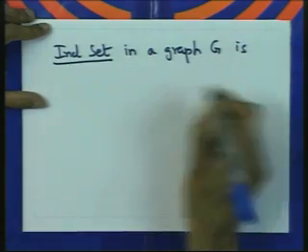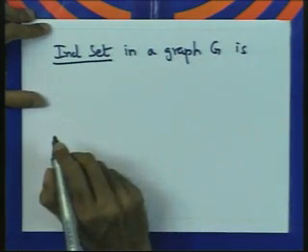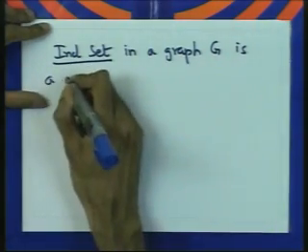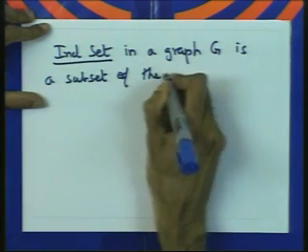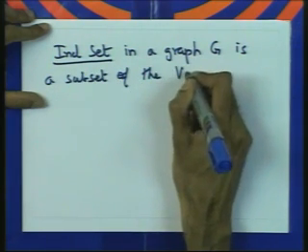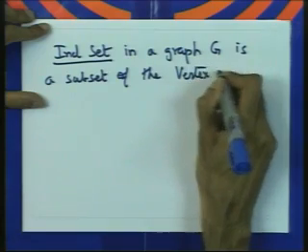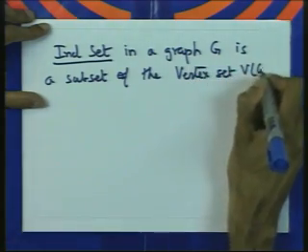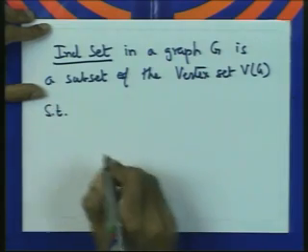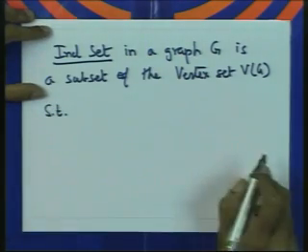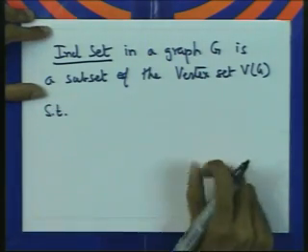G is a subset of the vertex set such that there are no edges between any pair of vertices.